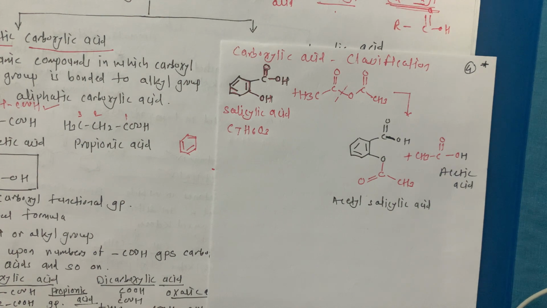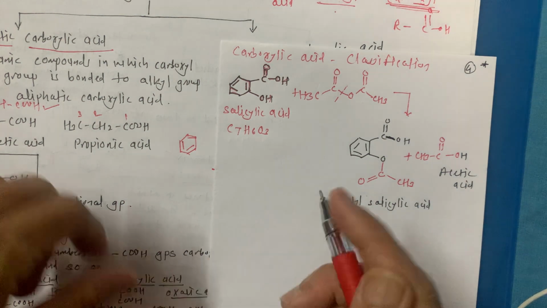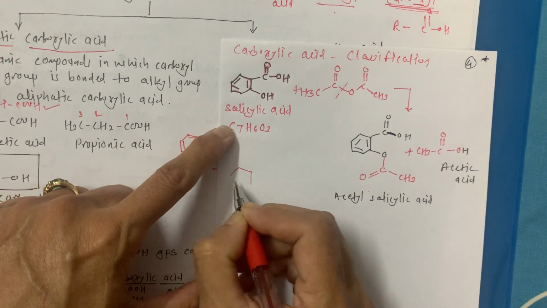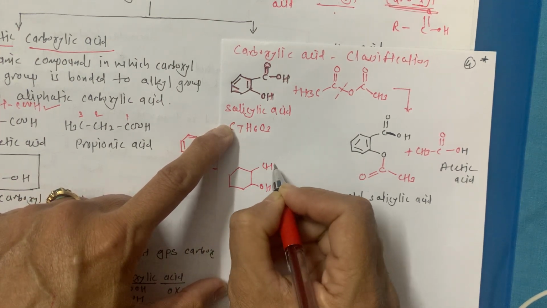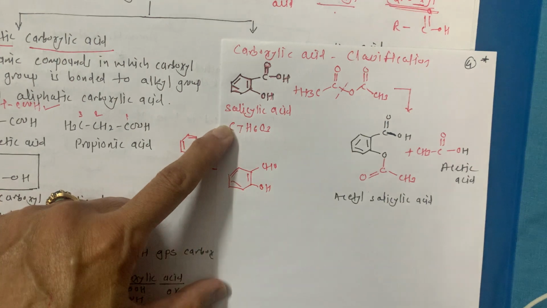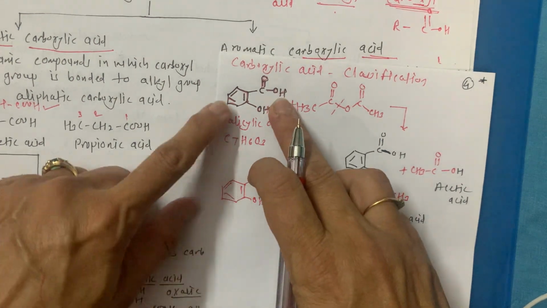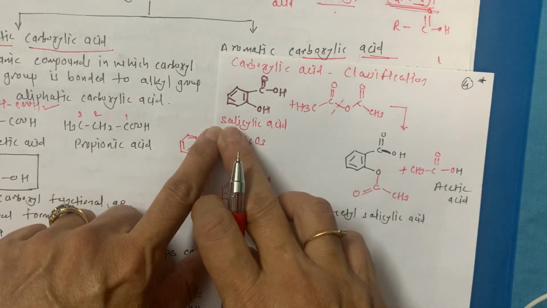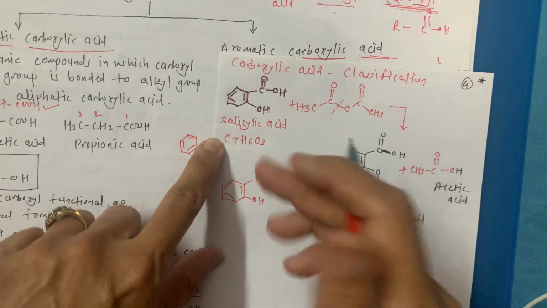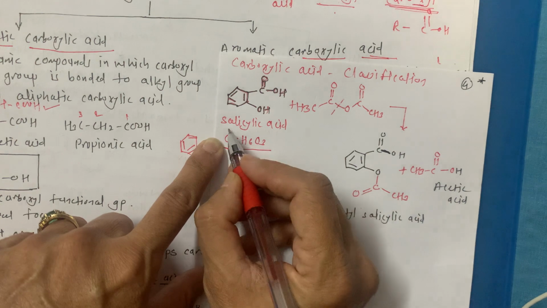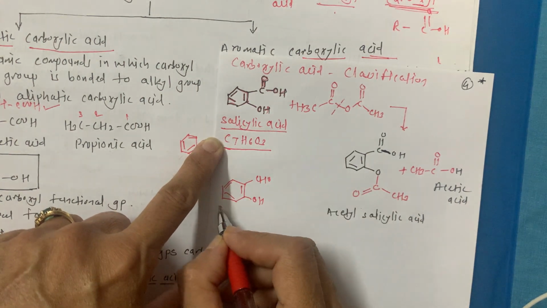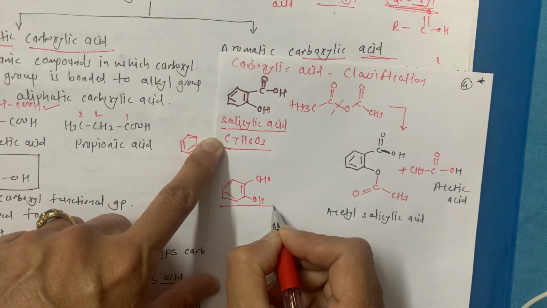We studied just now. This is salicylaldehyde, and when instead of CHO there is COOH, this is known as salicylic acid. Molecular formula is C7H6O3, salicylic acid. This is salicylaldehyde.